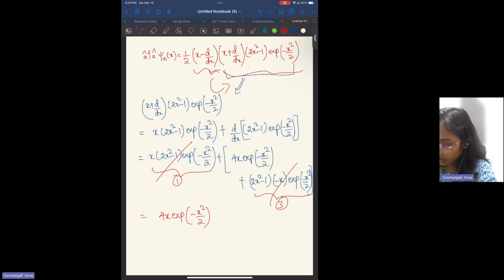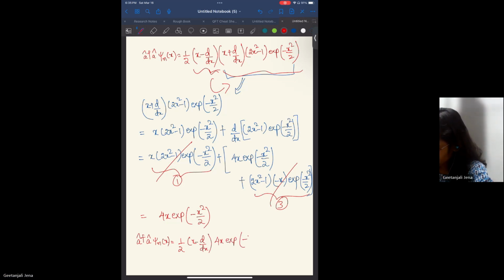So let us calculate a dagger a psi x equal to half x minus d by dx of 4x exponential minus x square by 2.